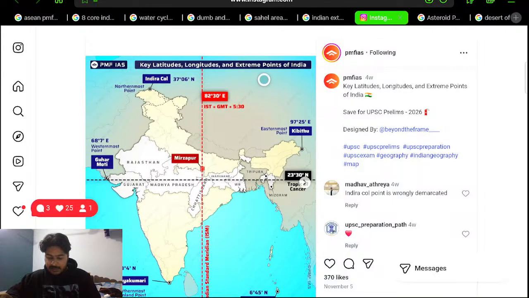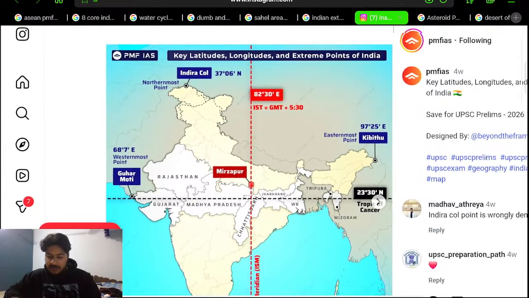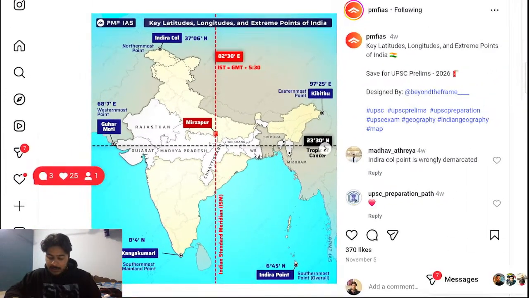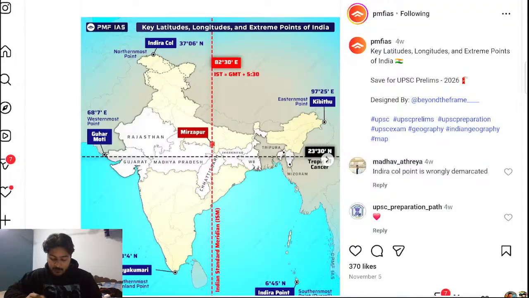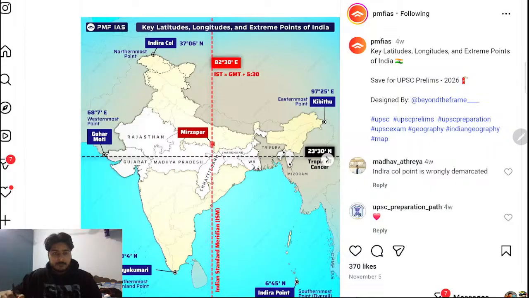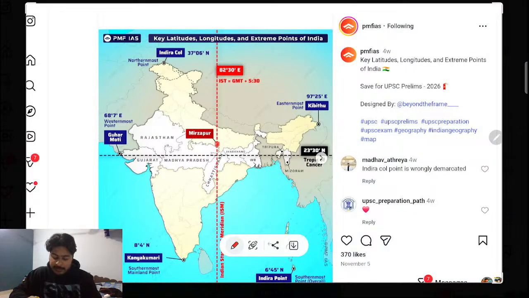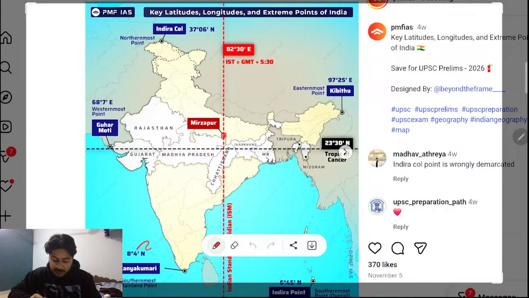In this picture, you must see clearly what the visible parts of India are that you need to understand. Overall, India extends from 8 degrees 4 minutes to 37 degrees 6 minutes north, which is the north and south extension.